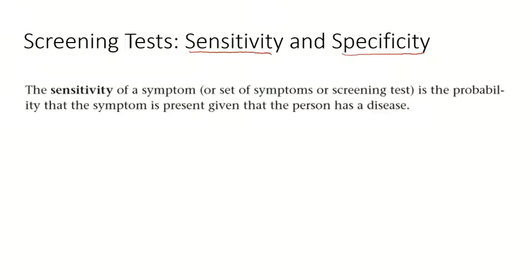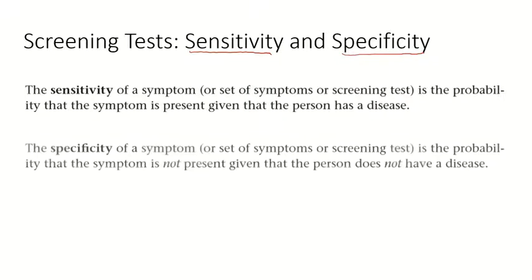So the sensitivity of a symptom is the probability that the symptom is present given that the person has the disease. And the specificity of a symptom is the probability that the symptom is not present given that the person does not have the disease.